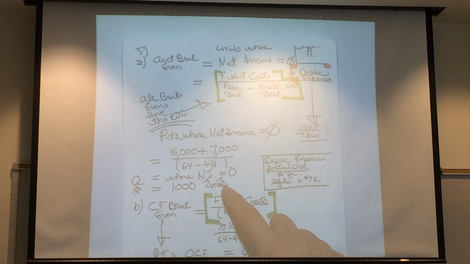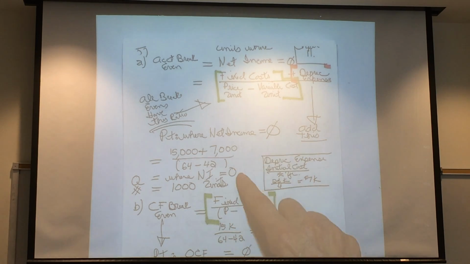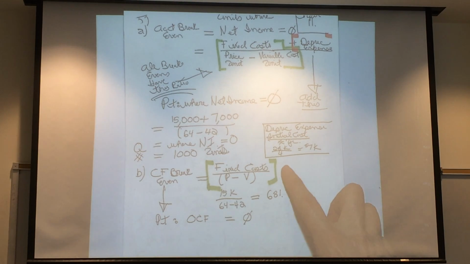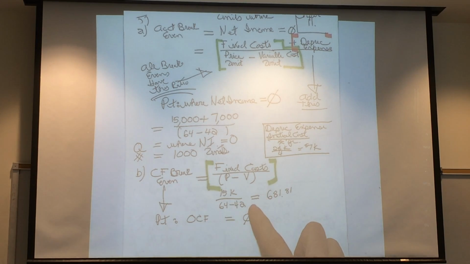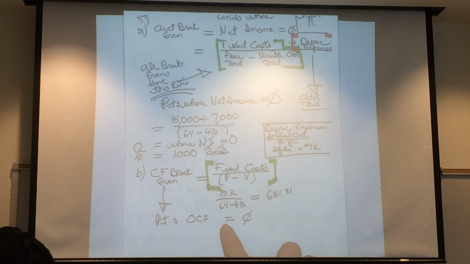At 1,000 units, that's my accounting break-even, that's where my net income equals 0. Cash flow break-even, what don't we care about with cash flow? Depreciation, so I'm just using the fixed cost. So the 15,000 divided by the price minus the variable cost per unit, that's 681.81 units. That's where my operating cash flow is equal to 0.